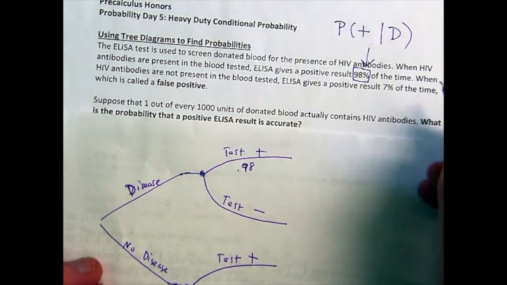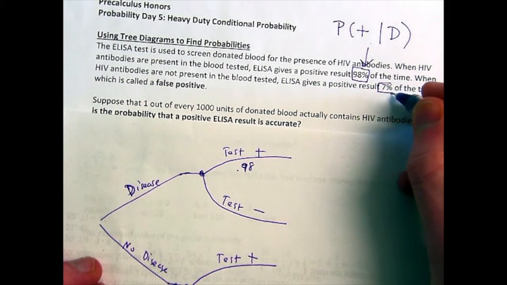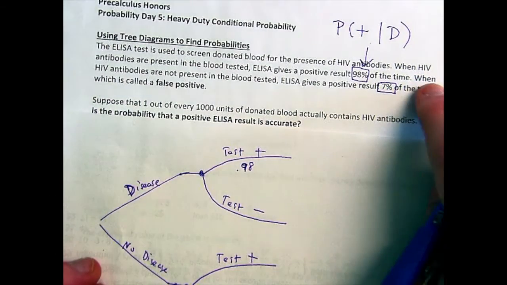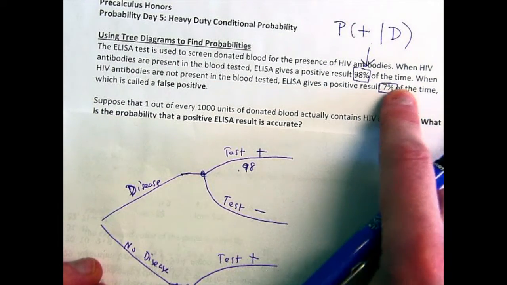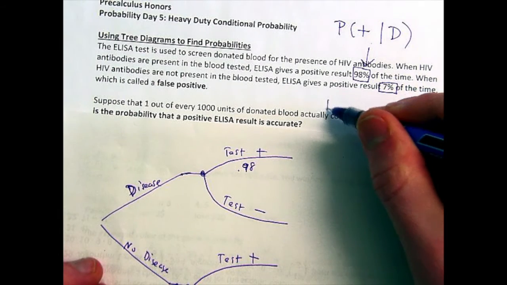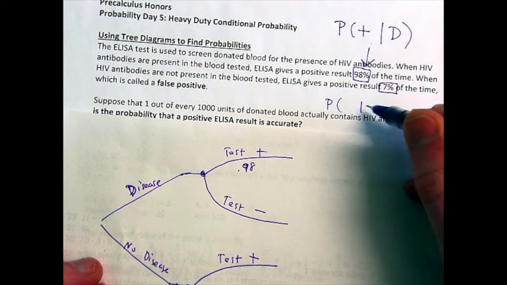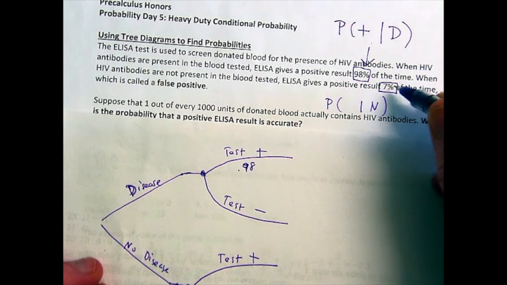All right, what else do we see? The next number that appears is this 7% figure. So what is this about? It says, when HIV antibodies are not present, ELISA gives a positive result 7% of the time. Okay, that's saying that given the fact that there's no disease, the probability that they will test positive anyway is 0.07.